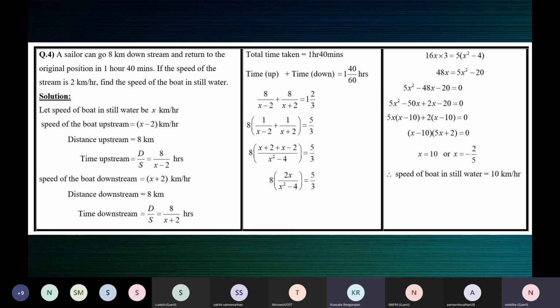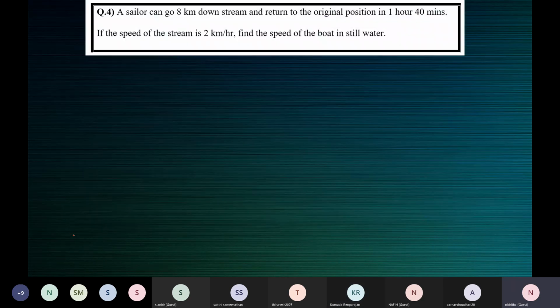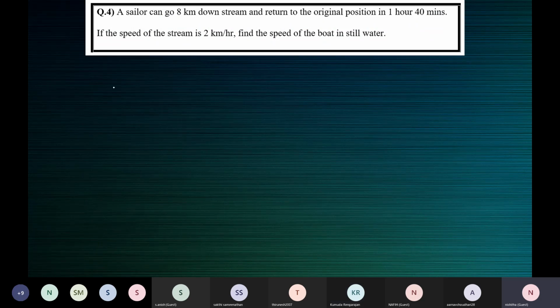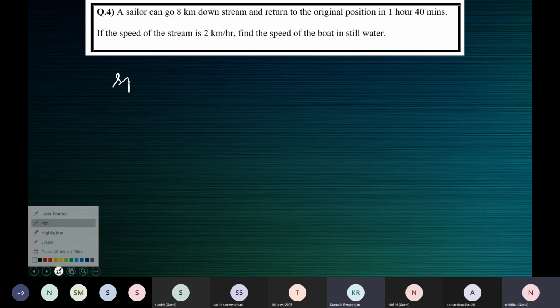Please listen to this carefully. Supposing you're given the speed of the boat is 10 kilometers per hour. This is very important. Let me correct the question here.